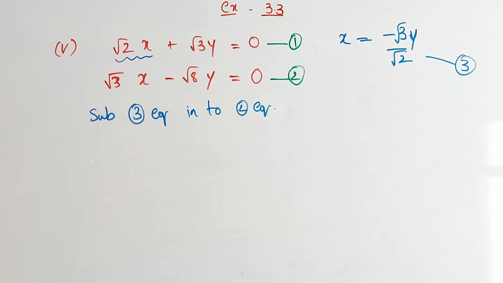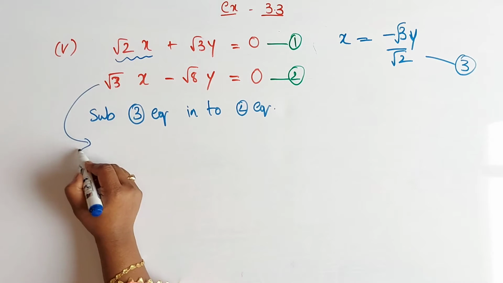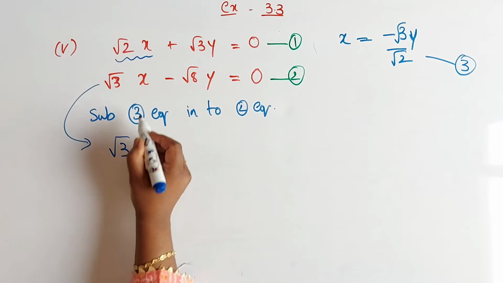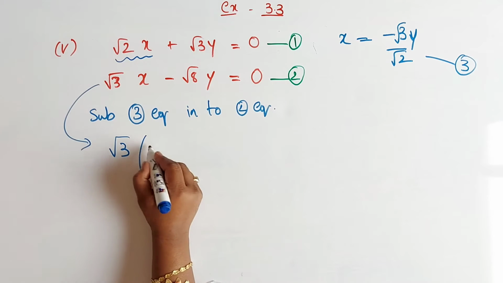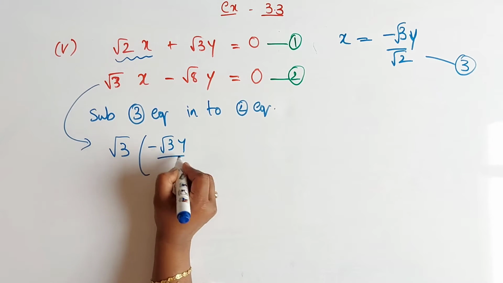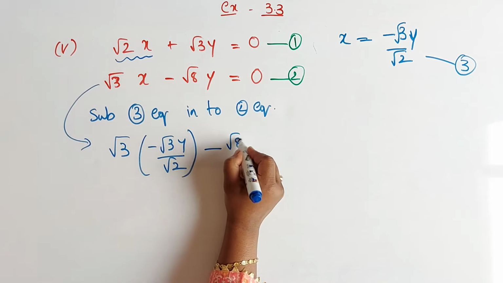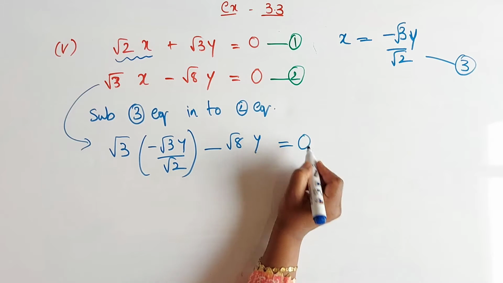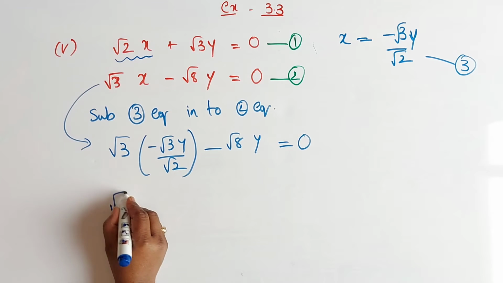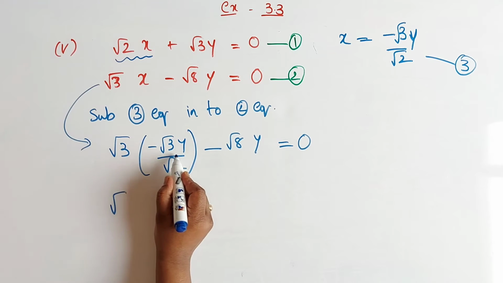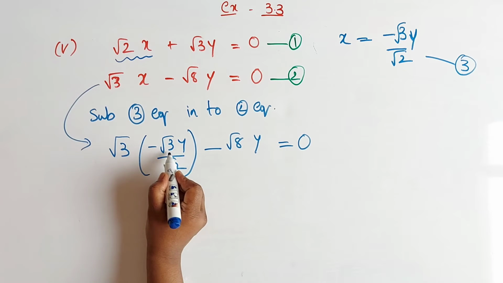Correct children? Now second equation, root 3 x value we know, minus root 3y by root 2 minus root 8y children, that equal to 0. Now root 3 into minus root 3 children, that is 3.